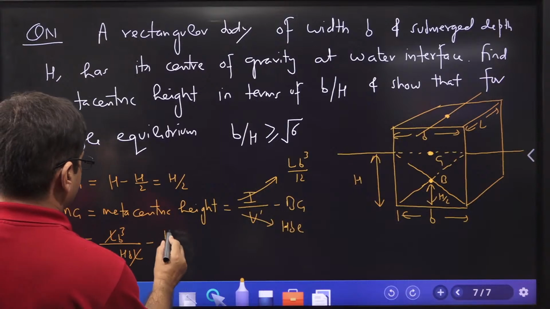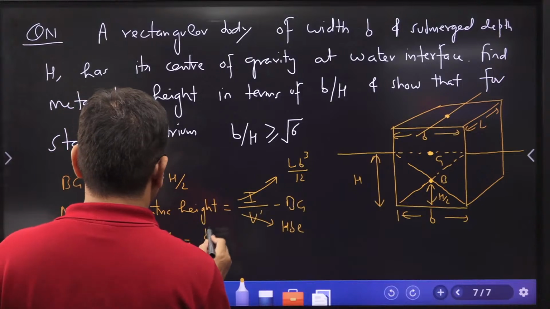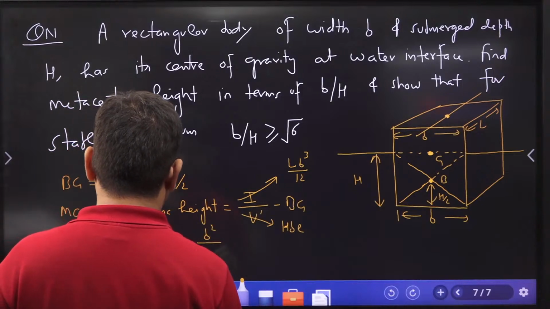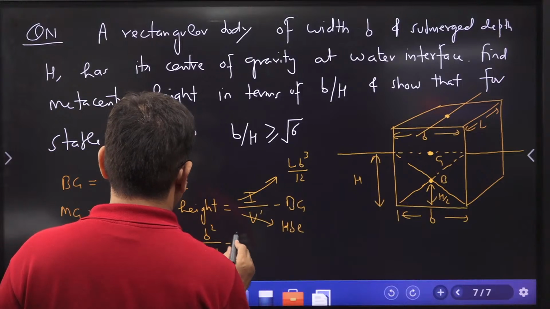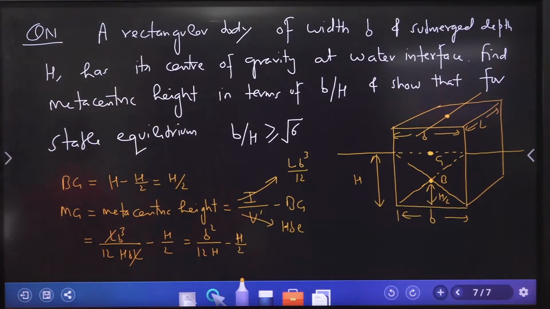Minus BG is H by 2. So this comes out to be B square over 12H minus H by 2. If I am not wrong, this is the value we are going to get.